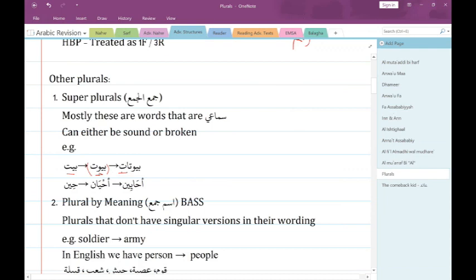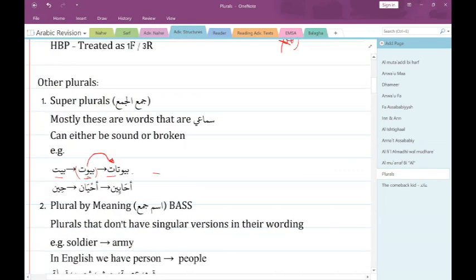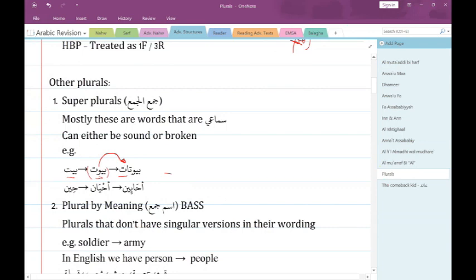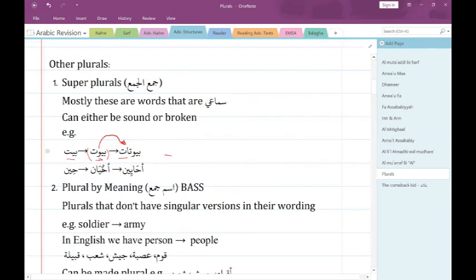So now we made it sound. It went from being broken to being sound. And this, buyutat, is actually a super plural. I don't know in what context they would use that, but I'm imagining you have houses and then clusters of houses, maybe in that sense. But they had a word like that, buyutat, which is a super plural.